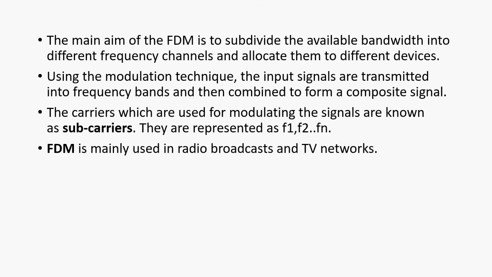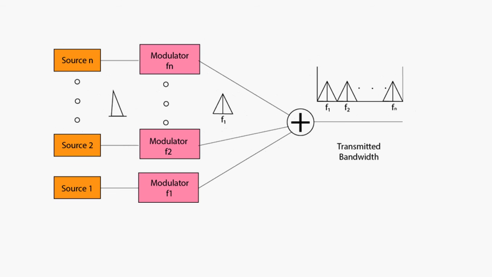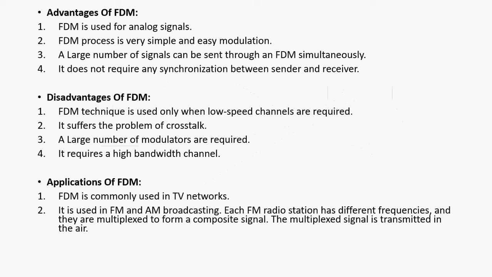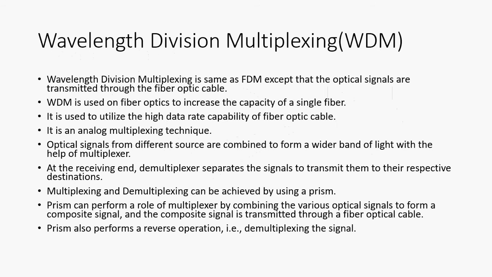So let's see the second technique, which is known as wavelength division multiplexing. This technique is same as frequency division multiplexing, except that the optical signals are transmitted through the fiber optic cable. So basically this technique is very well suitable for fiber optic signals. It is used in the fiber optic cable to increase the capacity of a single fiber.